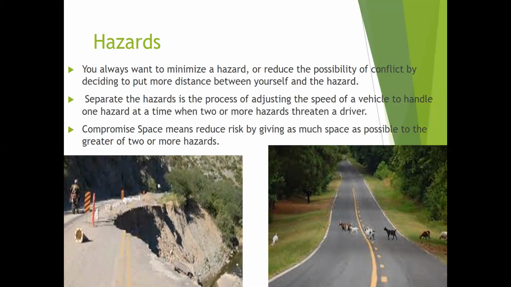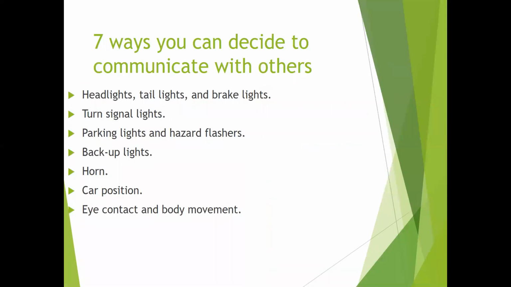One thing you can do is called separate the hazard. So if you're driving on the road, there's a bicycle in front of you, and there's another car coming. You have to wait behind the bicycle until the car goes by before you can go. So you separate the hazard. You deal with one at a time. Compromise space means you reduce risk by giving as much space as possible to the greater of 2 or more hazards if you're dealing with 2 hazards at the same time.